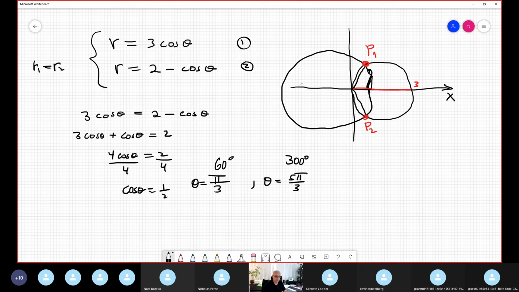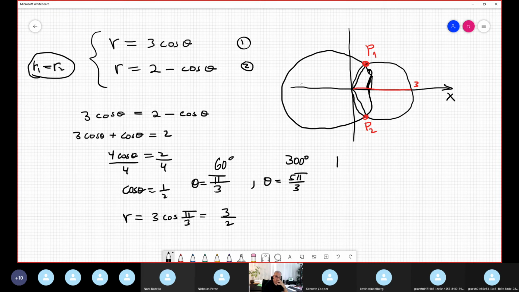Compute the radius now. The radius R, you take either equation, because I suppose that R1 is equal to R2 at the point, so you select either and the answer is the same. You trust me, no? The radius is equal to 3 times cosine pi over 3. Cosine pi over 3 is 1/2, so 3/2.